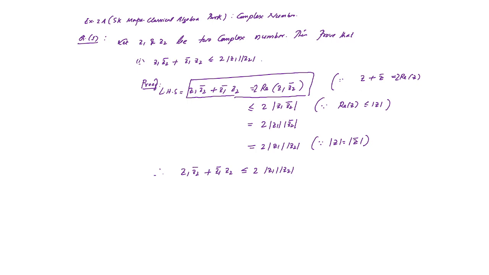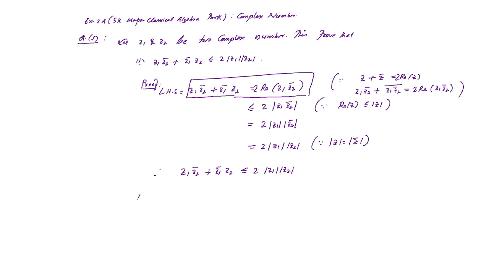So here z1 z2 bar plus its conjugate, the whole conjugate, is equal to 2 real z1 z2 bar. We just use this formula here.